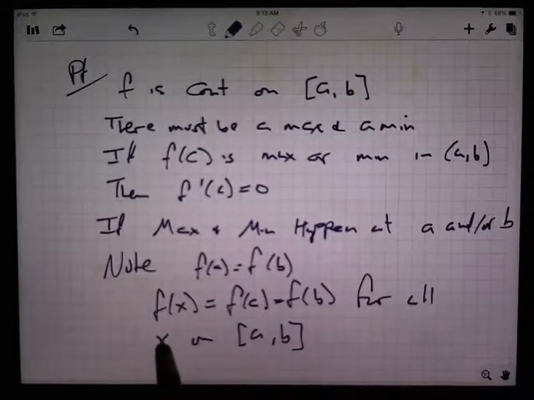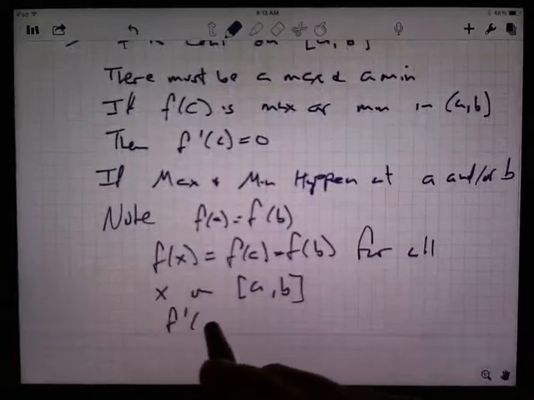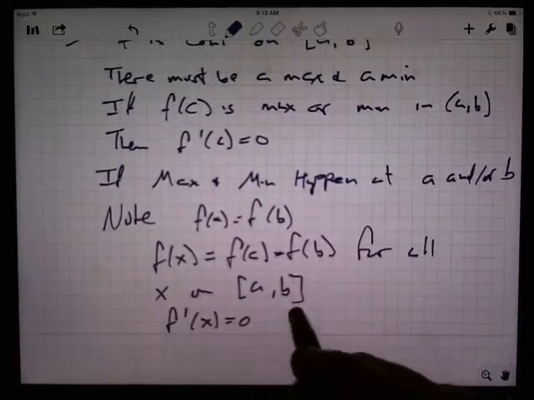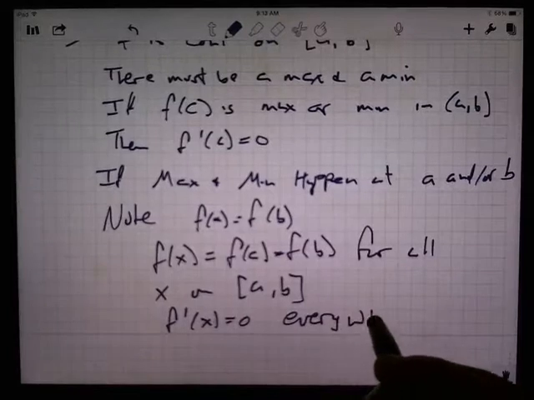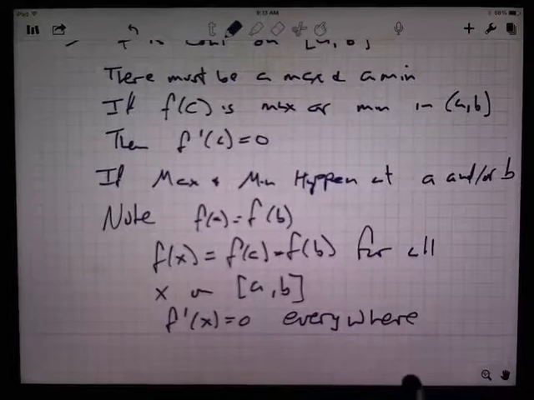In which case, the function's a constant function, and f prime of x equals 0 everywhere. So if it's everywhere, then at least for one point in the middle, it's equal to 0, right?